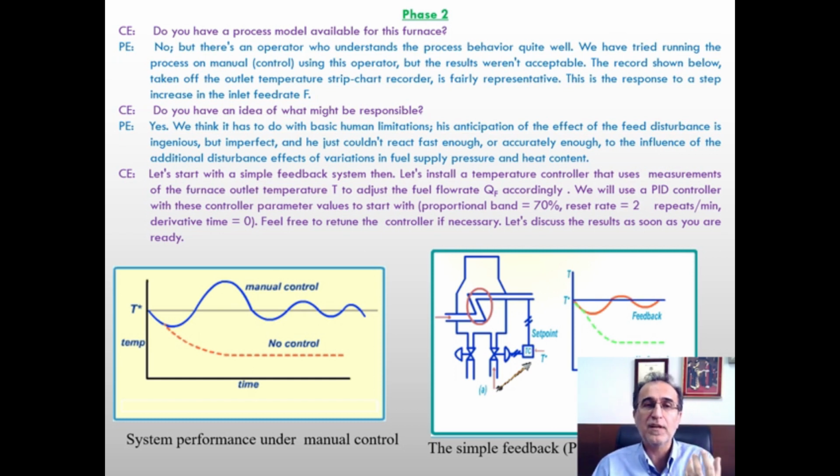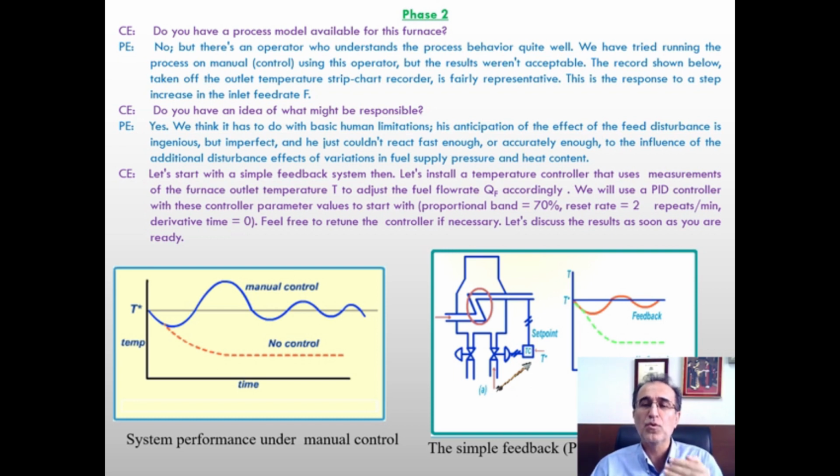And then finally, the control engineer suggests, okay, let's put a feedback control structure in the right-hand side figure. You'll see the feedback control gets the measurement of the temperature of the final outlet, the set point T star, and gives a command to the control valve. You will see the feedback structure of PID. And for PID tuning, it suggests starting with a proportional band of 70% and a reset rate of 2.